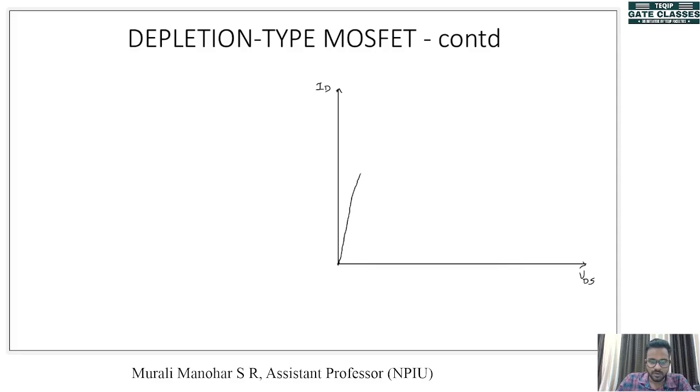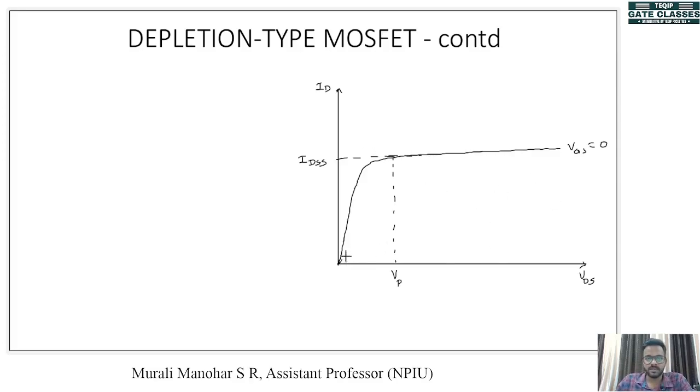So for VGS equal to 0, you will get a curve like this, and this current is IDSS, the drain to source saturation current. And the value of VDS for which this current reaches saturation, or this device reaches saturation, is called the pinch off voltage. Okay.